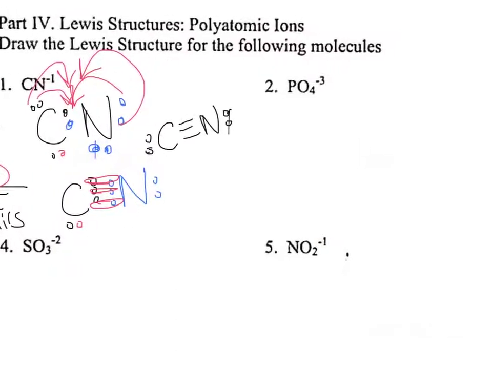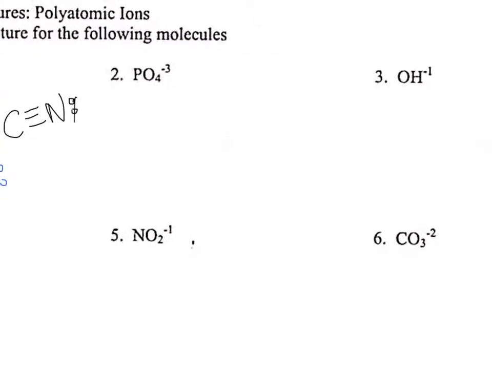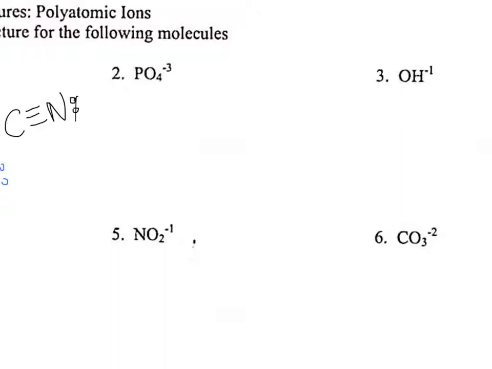Okay, number 2, PO4 -3. So we have phosphorus. Again, I'm adding up the electrons first. Phosphorus has 5 valence electrons. Oxygen has 6 valence electrons, and we have 4 oxygens. 6 valence electrons each, plus a charge of -3 indicates that there's 3 extra electrons.